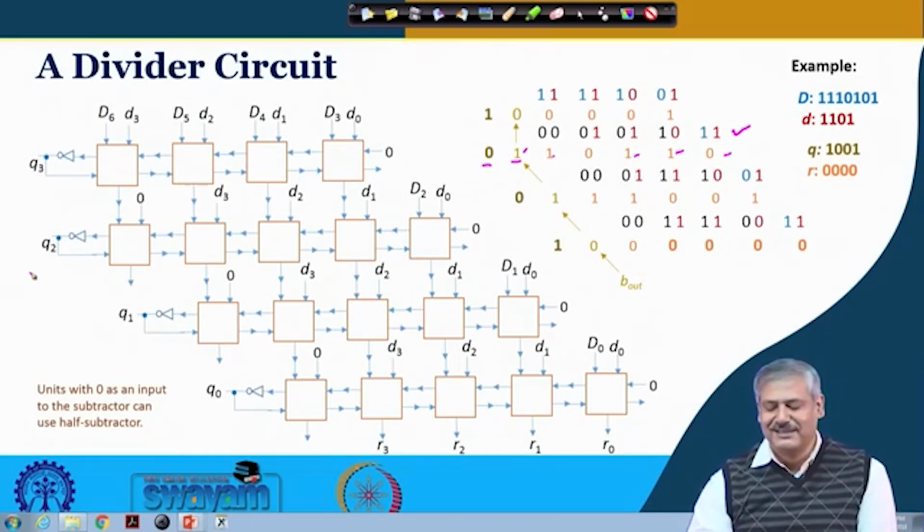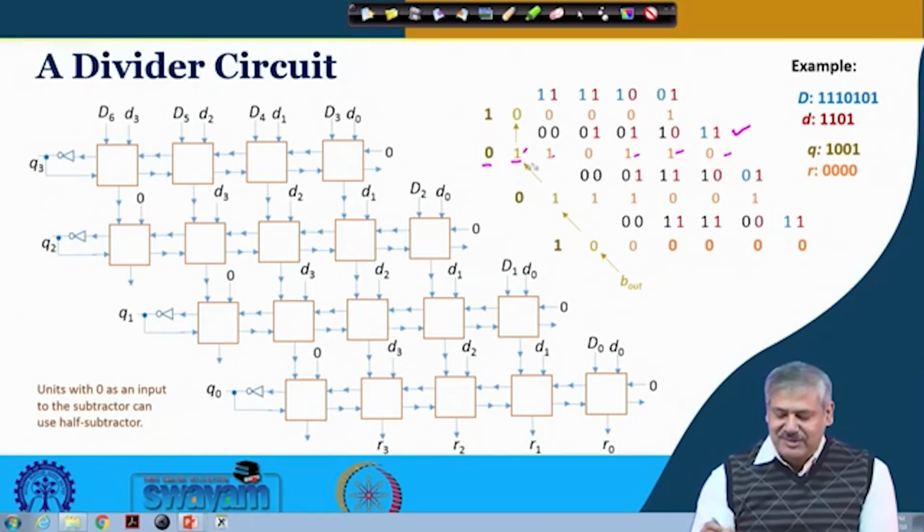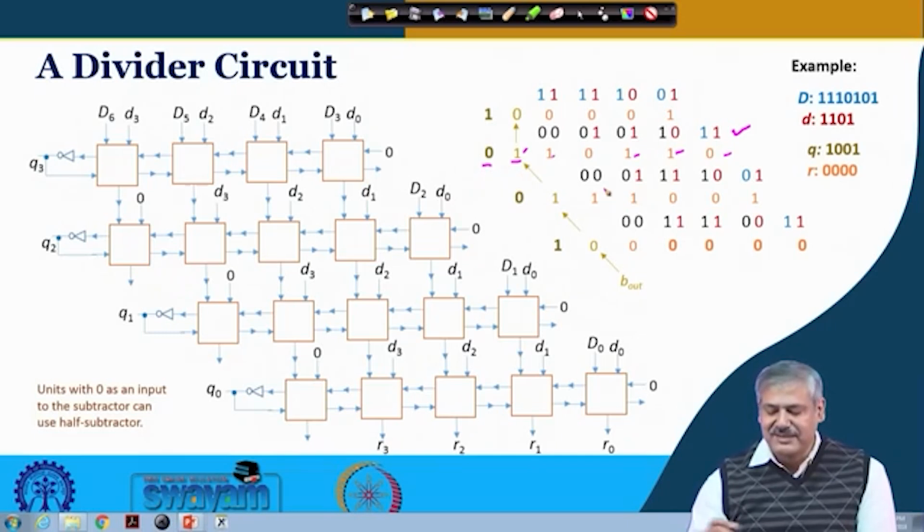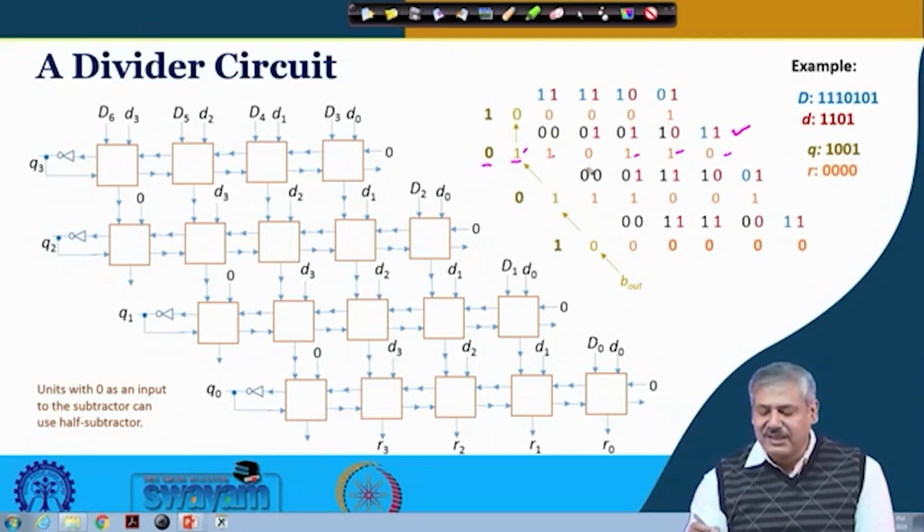Okay. So there is a borrow out, so then its inverse is 0, so this is your quotient Q2. So this inverse is now going to the multiplexer input, all these multiplexer inputs. So when it is 0, then the minuend, not the difference, will come to the next level of full subtractor.